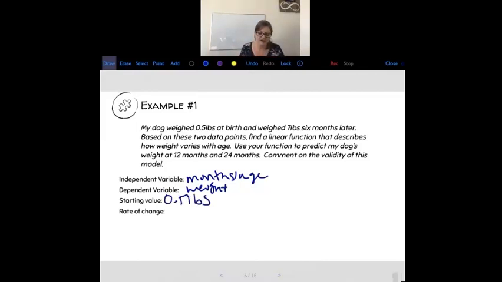Okay, and when you're given information like this, you need to make them into x and y pairs, or independent variable comma dependent variable. And so the first point at 0, my dog weighed 0.5 pounds at birth. This would correspond to months are 0 and weight is 0.5.